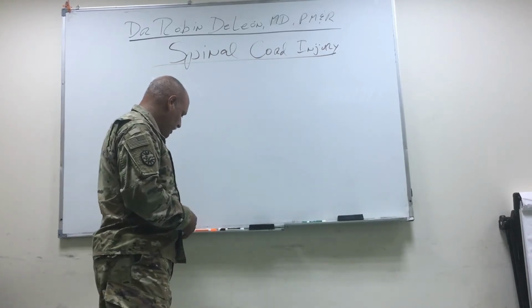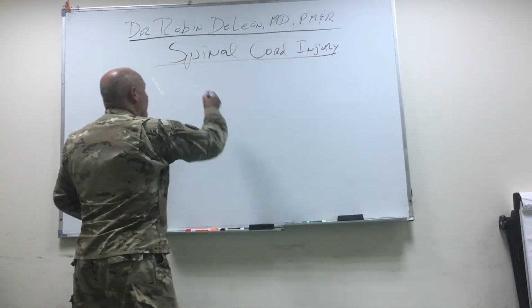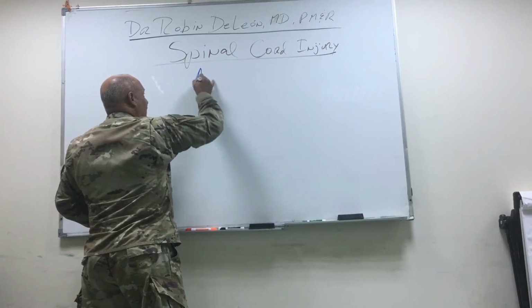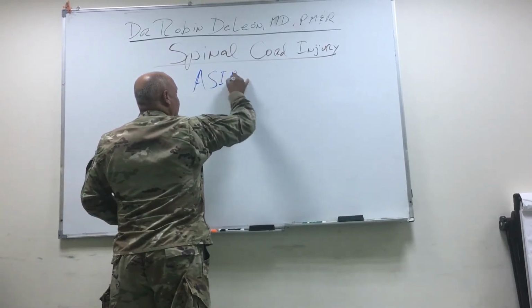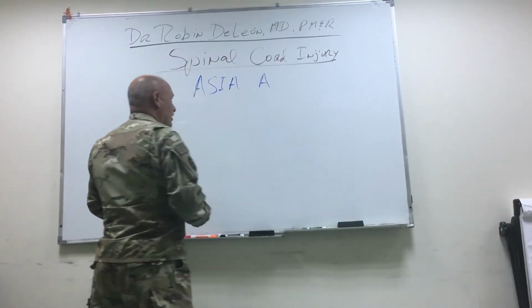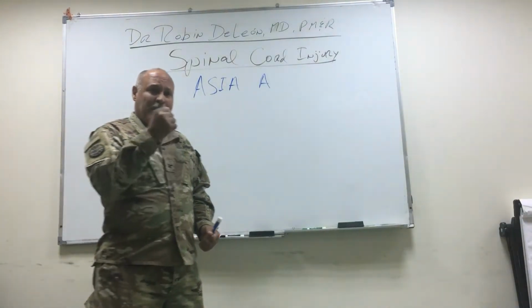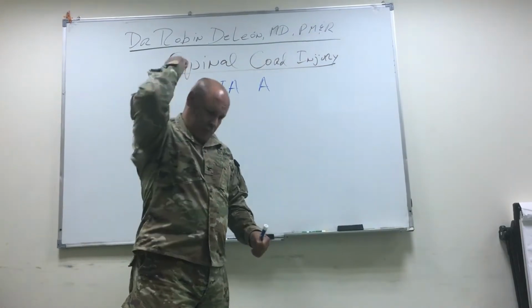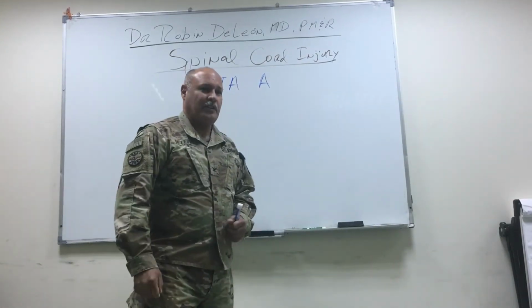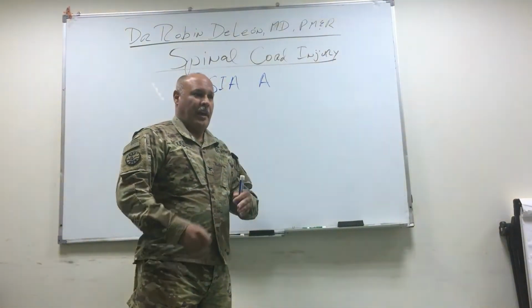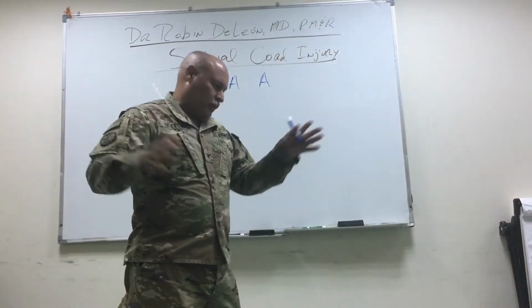So to start with, we have an ASIA scale. It starts at ASIA A. When we think of ASIA A, we think of a meat cleaver. You take a meat cleaver, you chop the spine in two, and everything above the meat cleaver is fine.